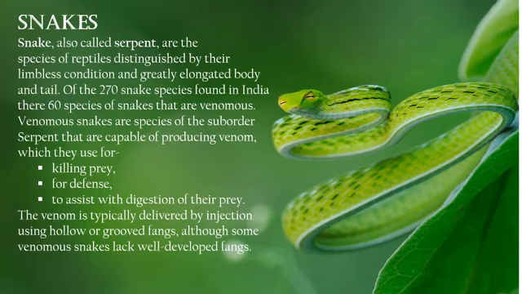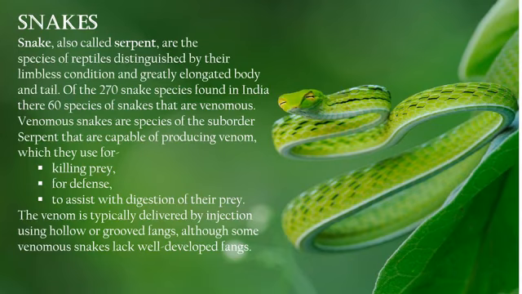For defense, if somebody tries to attack these snakes, this poison or venom is used for defending against their enemies, and to assist with digestion of their prey. This venom also helps the snake to digest whatever they have swallowed.